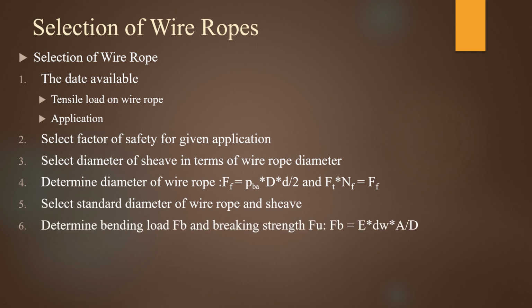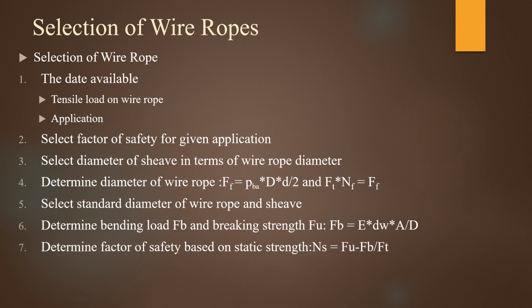Next step is determine bending load, that is FB, and breaking strength, that is FU, using equation FB is equal to capital E into dW into A divided by capital D. In this equation, FB is bending load, FU is breaking strength, capital E is modulus of elasticity of wire material, dW is wire diameter, A is cross-sectional area of wire, and capital D is diameter of sheave.